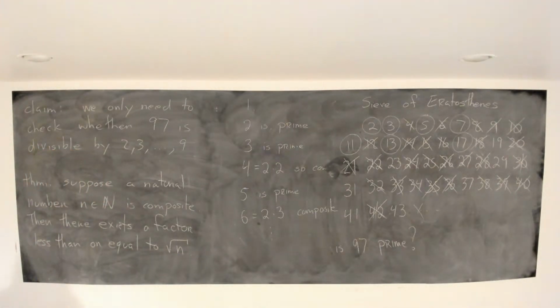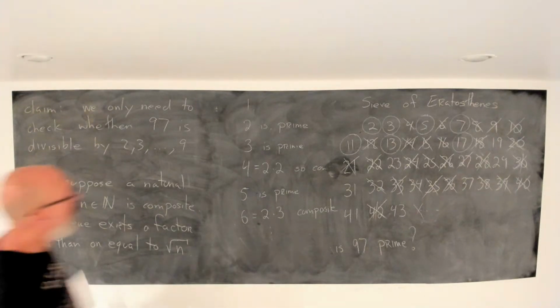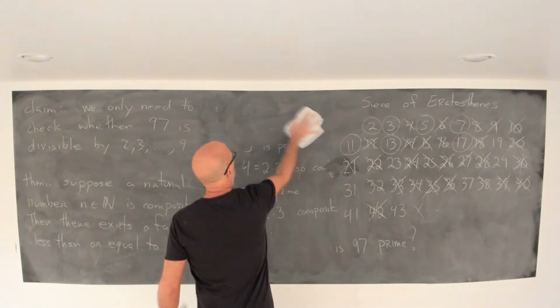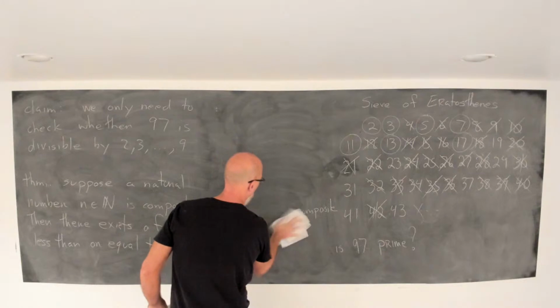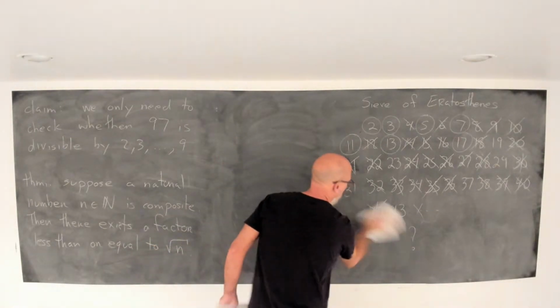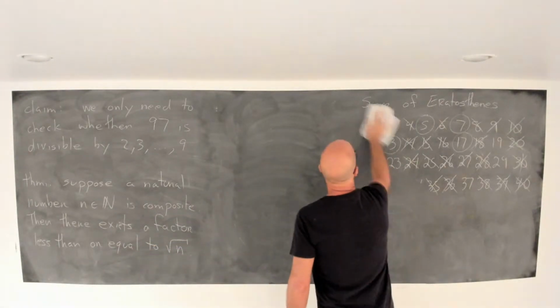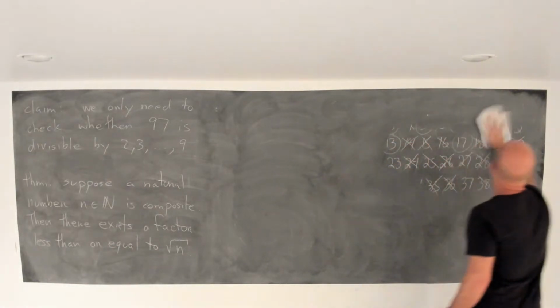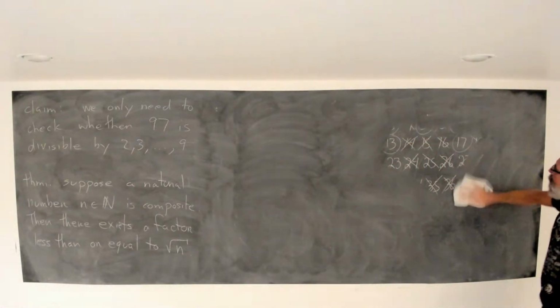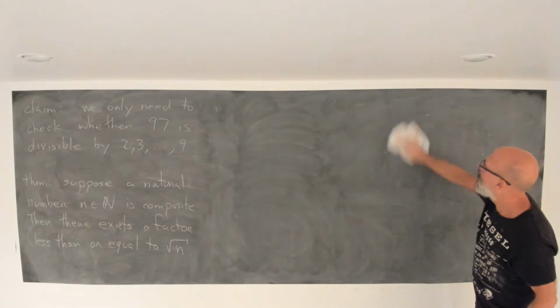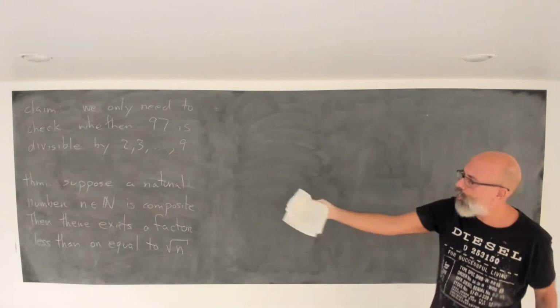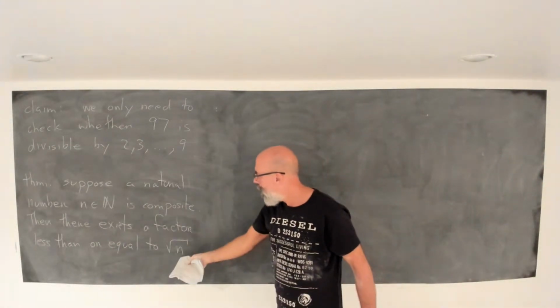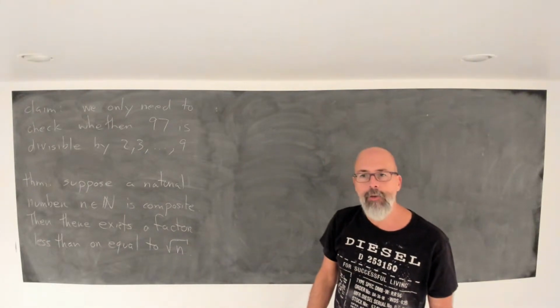Let me now restate this with those actual factors A and B. All right, so that's the real statement I wanted to give. If a number is composite, then there has to be a factor less than root n.